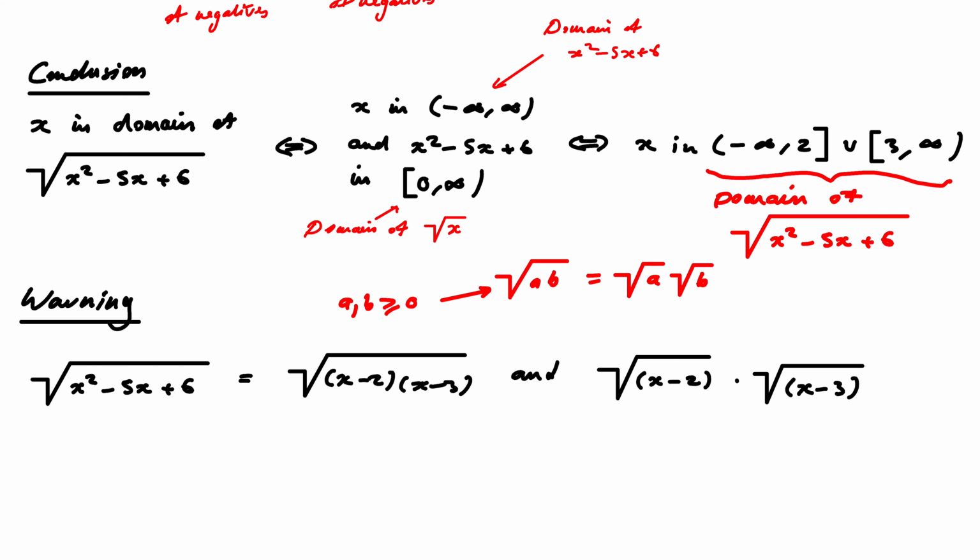So this first expression and the second are not the same function. They would give the same output, sure, if x plus 2 and x plus 3 are positive. But if either of those is negative, one of them doesn't even make any sense. So the issue is they don't have the same domain.